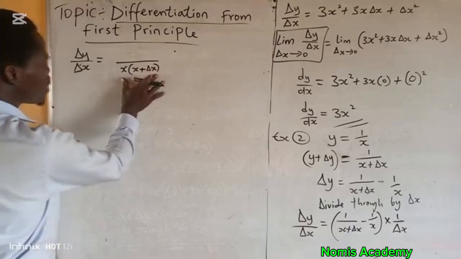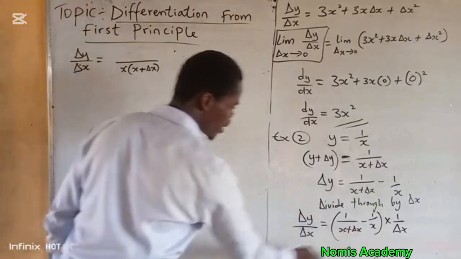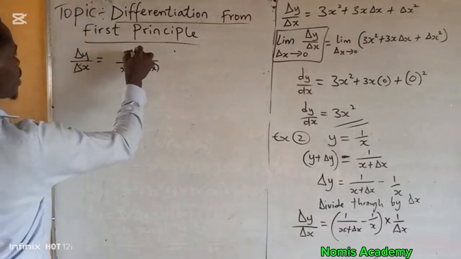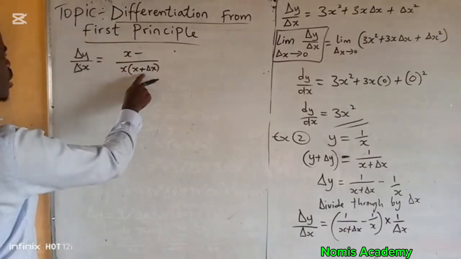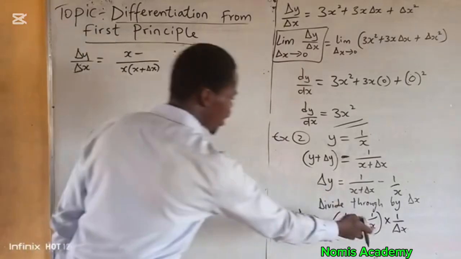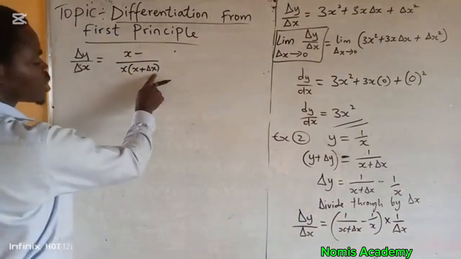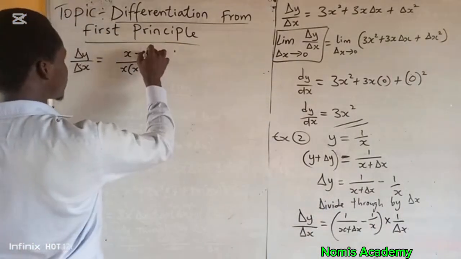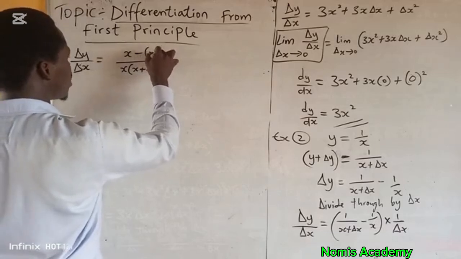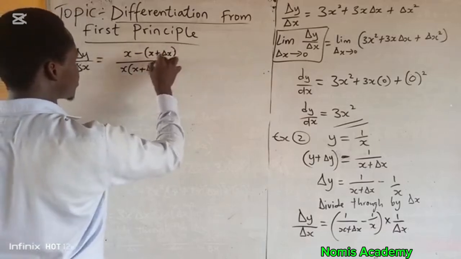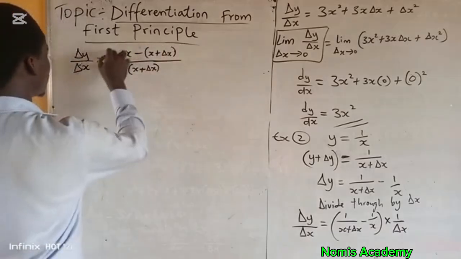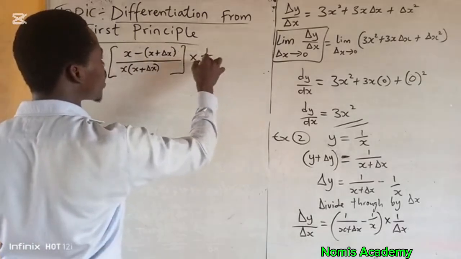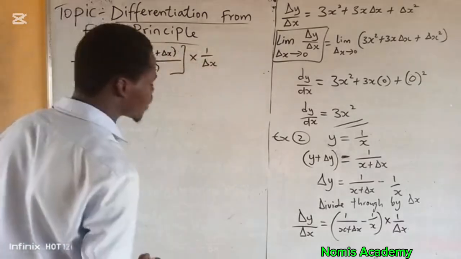So this divided by what we have here will definitely give us x minus x into x plus delta x divided by x is x plus delta x. So multiply by 1, we get x plus delta x. Okay, remember we still have something outside, which is multiplied by 1 over delta x.